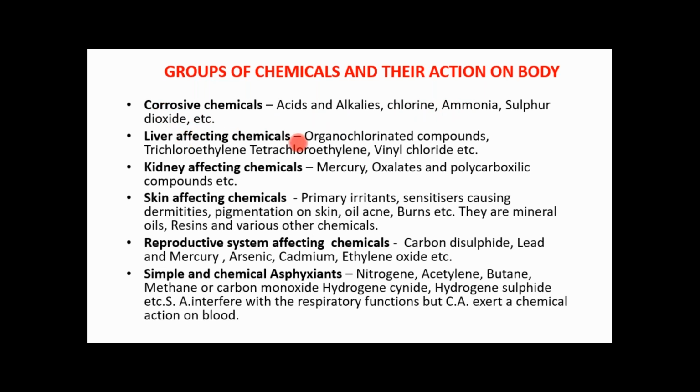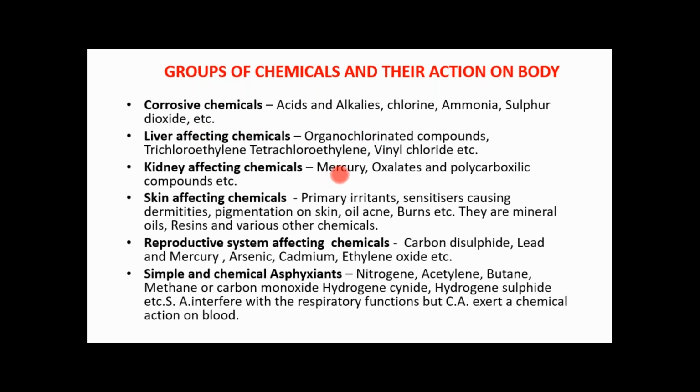Then liver affecting chemicals, that is organochlorinated compounds, trichloroethylene, tetrachloroethylene, vinyl chloride, etc. We are using all these chemicals in various types of products and manufacturing processes, and they can directly affect our liver.